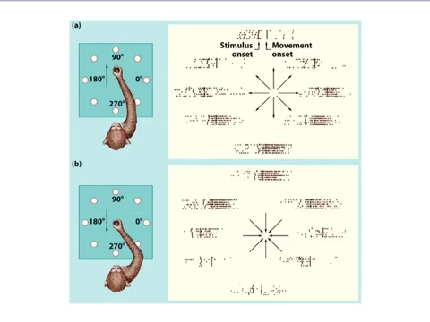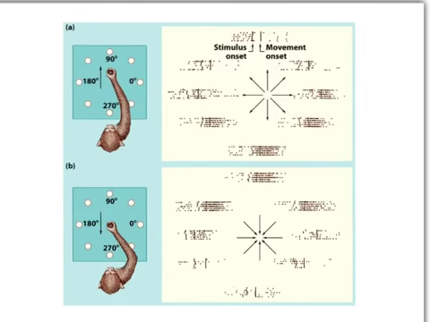Now, this is a pretty cool set of experiments done by researchers at Johns Hopkins in the mid-1990s. They're recording from a single neuron, and in the top experiment, the monkey starts at center and moves outward, depending on the stimulus.